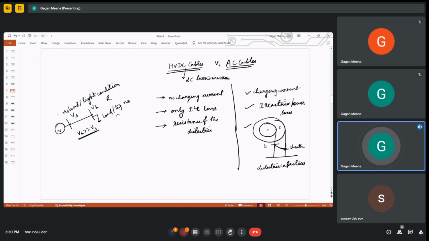And this resistance of the dielectric appreciably decreases with increase in temperature. You can see the resistance of the dielectric at 60 degrees Celsius is almost 1% of the resistance at 20 degrees Celsius. So the resistance decreases very significantly. Therefore, thermal considerations influence a lot.